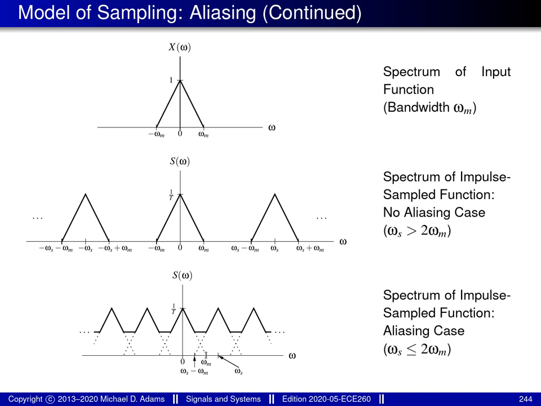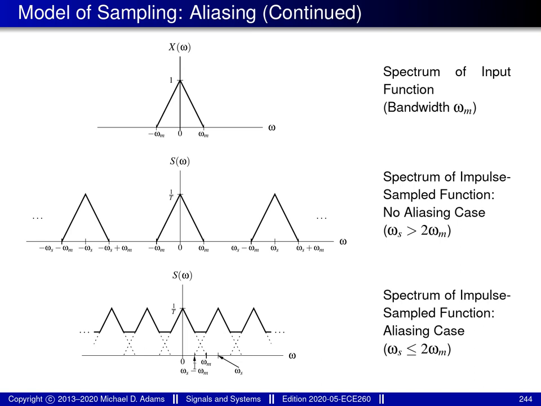Consider, for example, the interval from omega s minus omega m, so this point here, to omega m, this point here. Here we have two adjacent copies of the spectrum. One copy of the spectrum, which is this triangular shaped pulse that I'm tracing out here, is plotted in a dotted line. And we also have this copy of the spectrum here, which I'm tracing out, which is plotted as a dotted line.